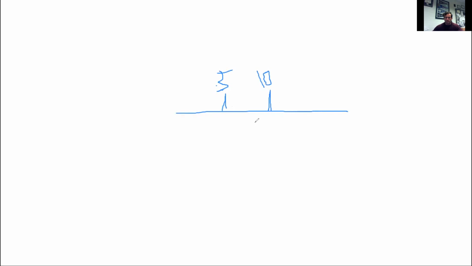Sorry, 0.5. Make sure it's a big 0.5. So our inertia is going to be equal to our mass times the radius squared.